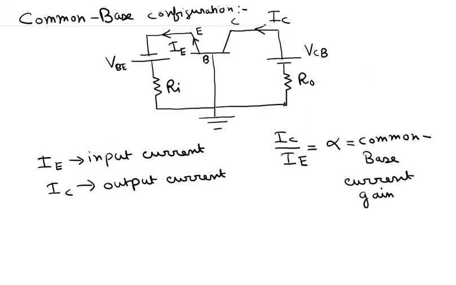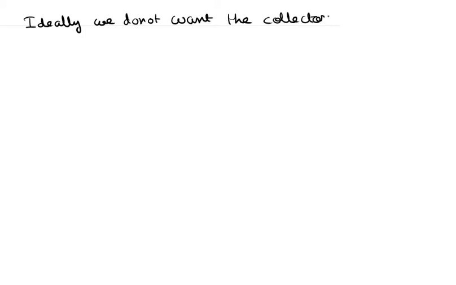Okay, so let me write it here that ideally we do not want the collector current to vary with VCB.